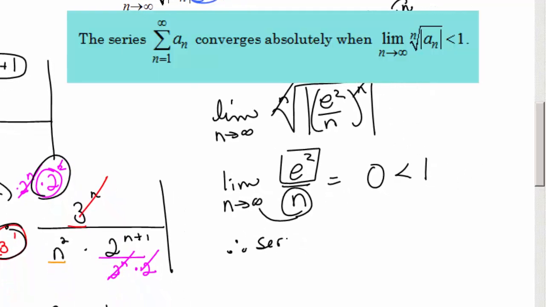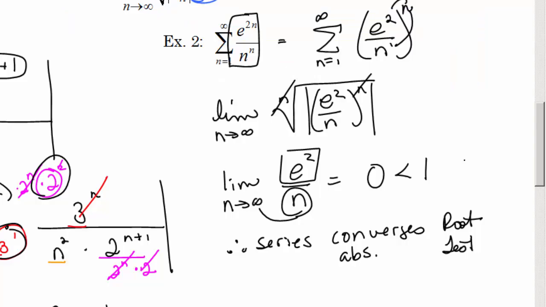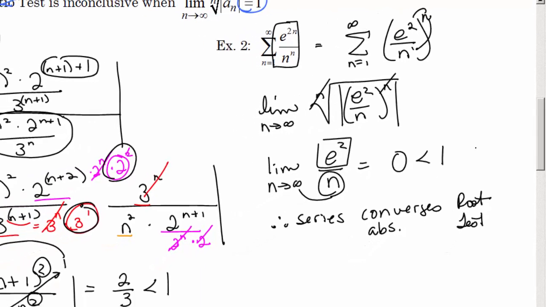So again, the series converges absolutely by the root test. My challenge is, could you possibly have used the ratio test? You might try it and see what you can come up with.